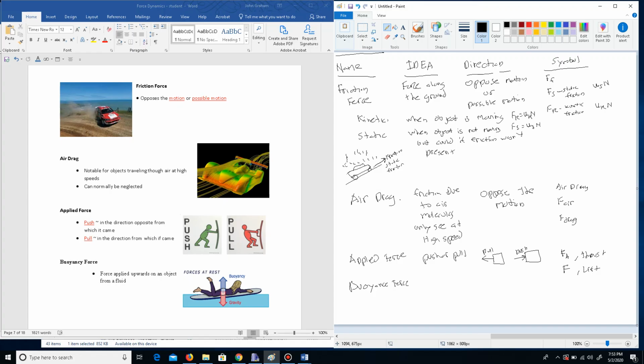Buoyancy. You are applying a force upwards from a fluid. Right? So a symbol is usually F_B. We're going to talk about this more in chapter 10. This is force due to fluid molecules pushing up.